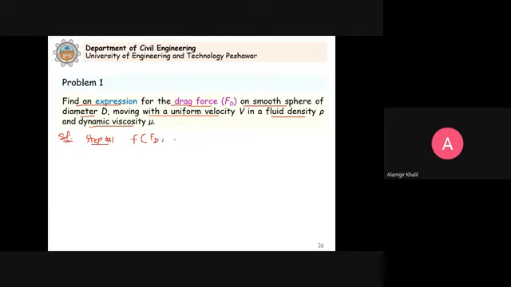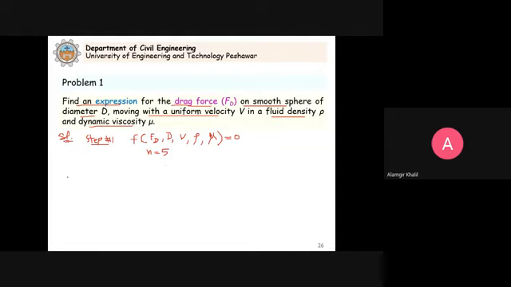So we have F_D, we have the diameter, we have the density, we have the velocity, and we have the viscosity. So we identify the parameters, dependent and independent, and count them. We have 5 variables in total.